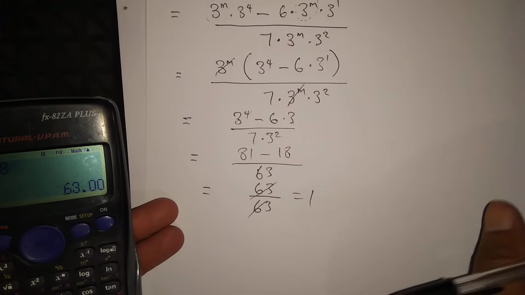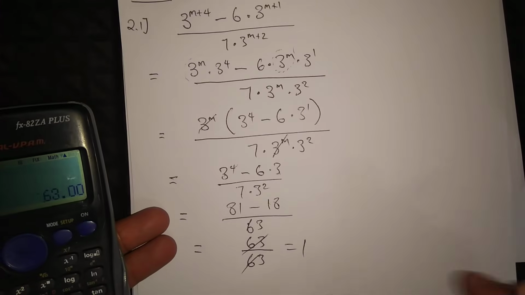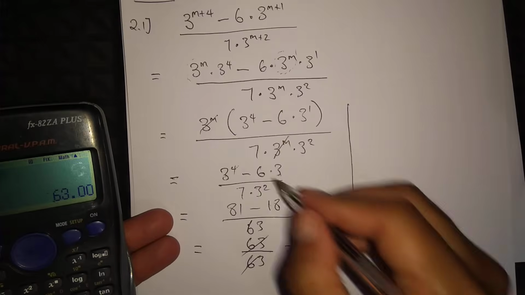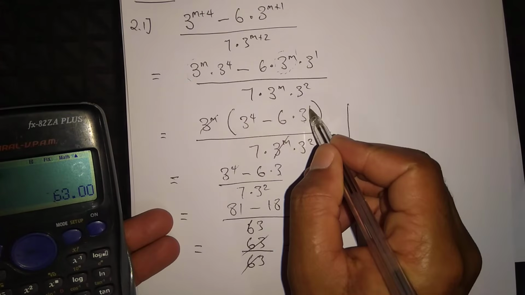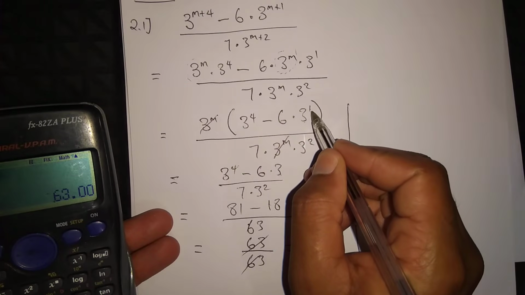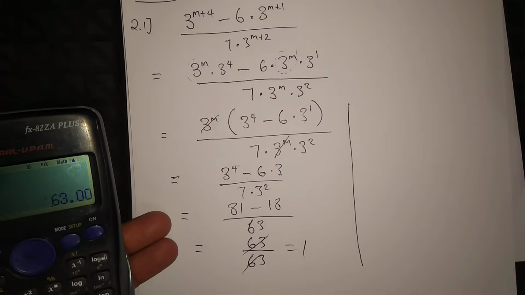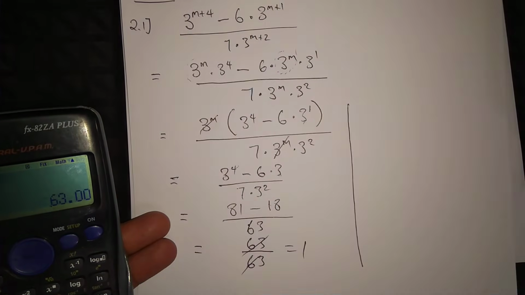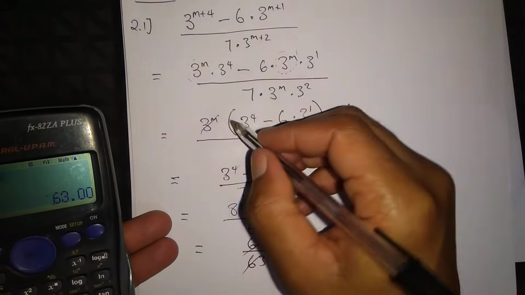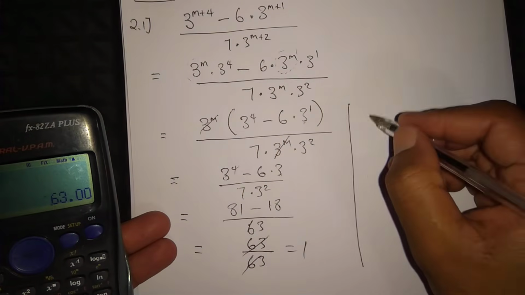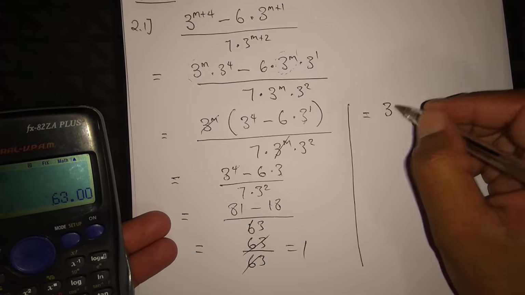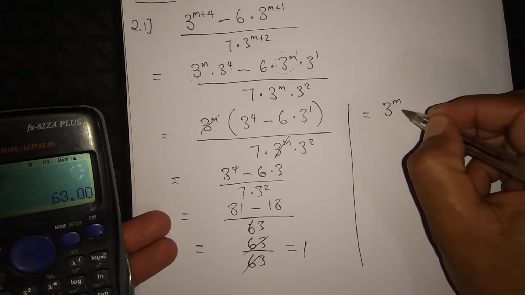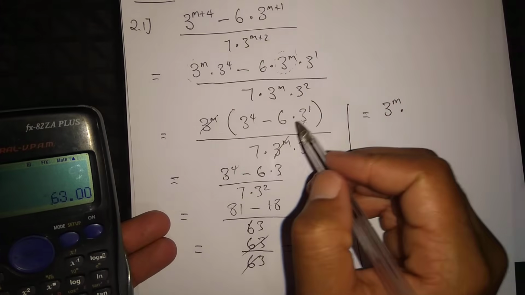Now, to simplify, I just realized something. Let's try it out. 3 exponent 1 is also a common factor. So instead of taking out the 3 exponent m, you can do this: 3 exponent m times 3 exponent 1 as the common factor.